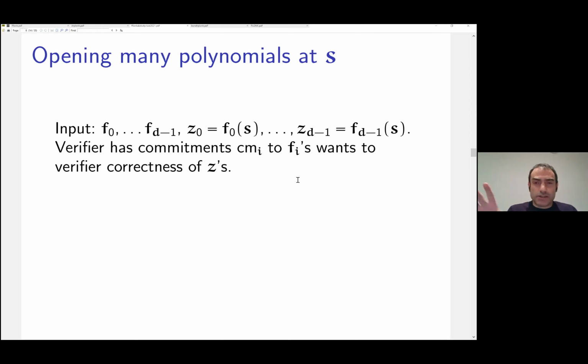Say for simplicity, it's all at the same point s for this talk. So we have these polynomials f0 to fd minus 1, and the alleged evaluations z0 to zd minus 1. And now the verifier has commitments to these polynomials and wants to check that all these z's are correct.